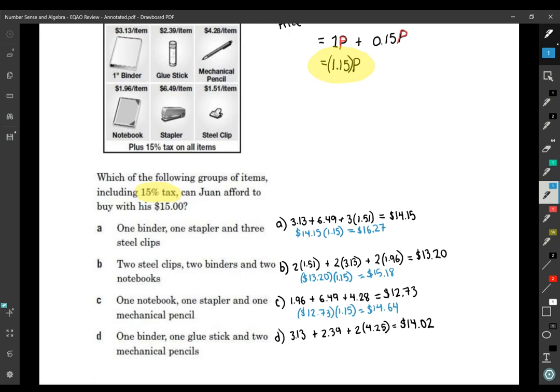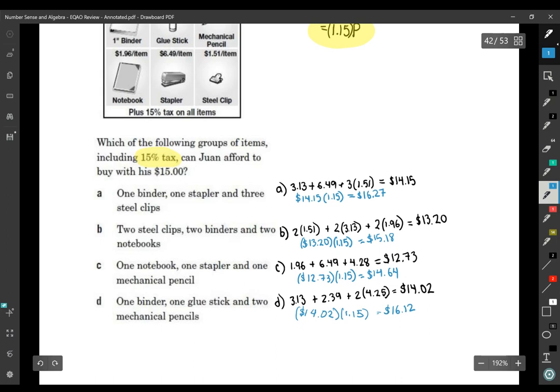And then finally, 14.02 multiplied by 1.15, and we get $16.12. So again, Juan only has $15, so the only group of items he can buy is actually C, because it comes to less than $15. Everything else comes to more than $15. So that means that C is our correct answer.